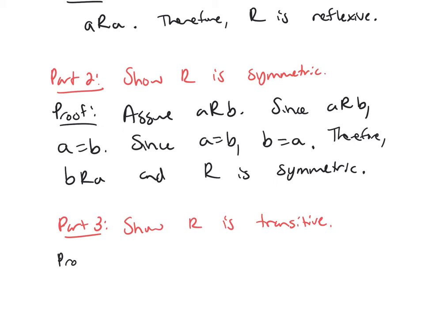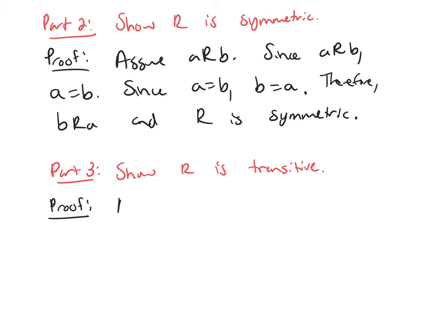So we're going to write the proof here. We're going to assume A is related to B and B is related to C. And remember, what you need to show at the end is that A is related to C. So what do I know?